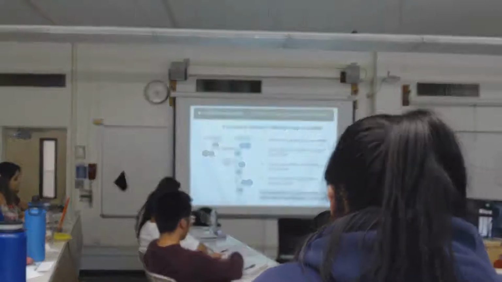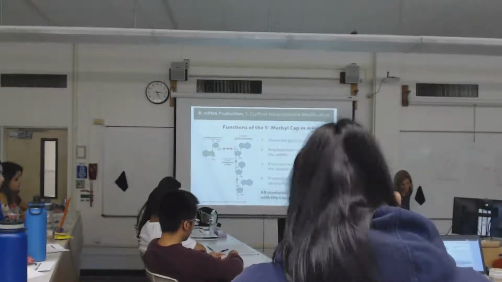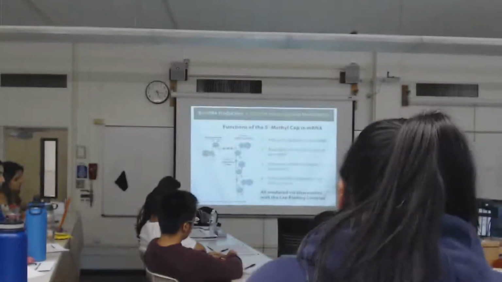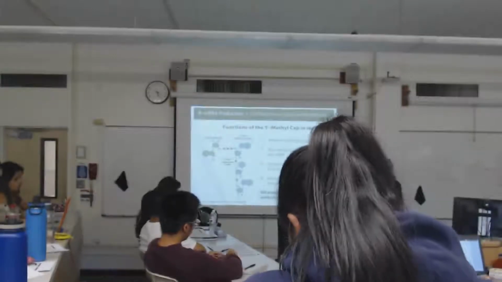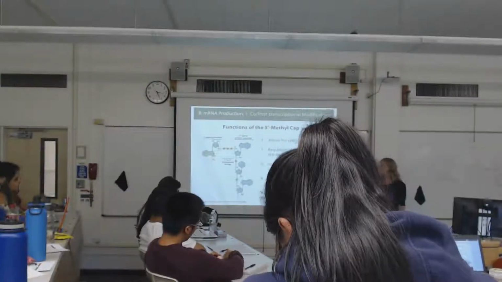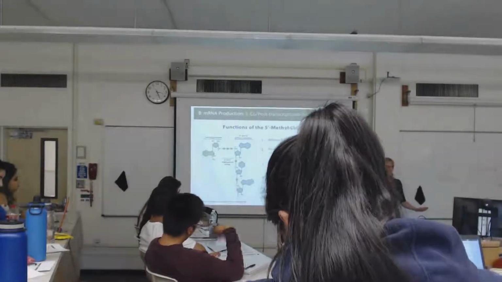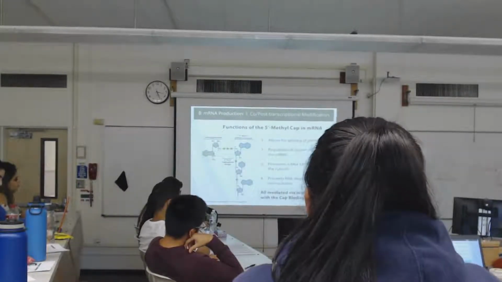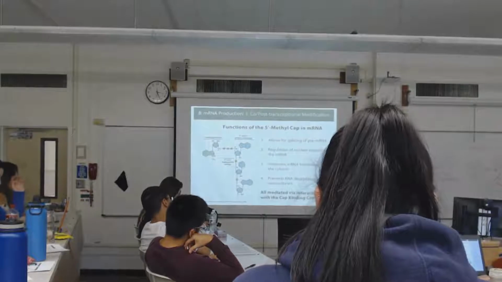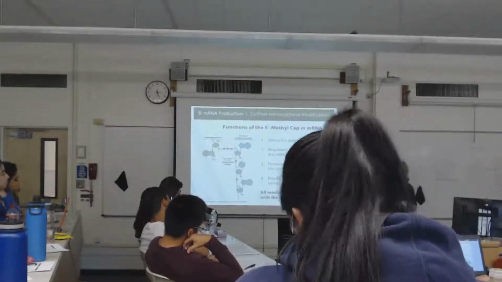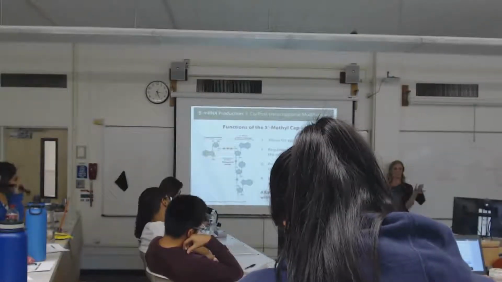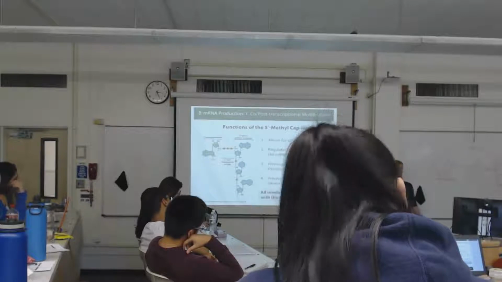Right, and the way that all of this is figured out, scientists are like, okay, there's this cap thing. What's it do? You mess with it, right? That's what scientists do. We mess with things and see what happens. You can do all sorts of things, like maybe mess with one of the enzymes that's responsible for adding the cap.